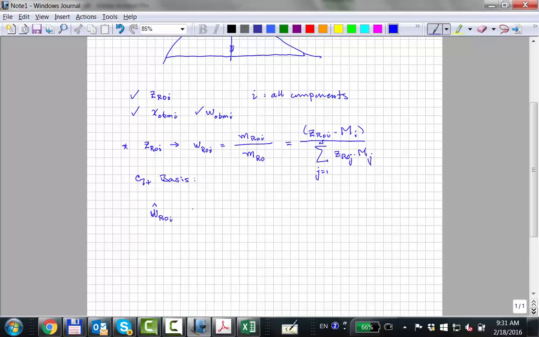That basically just means that we're going to take the weight fraction of that component I in the total mixture, and we're going to divide by the sum of the weight fractions for all of the components J from 7 to whatever the last component is. We're only going to consider the C7 plus. So now this thing here will normalize, it will sum to 1, right? And it'll only be calculations for C7, C8, C9 down.